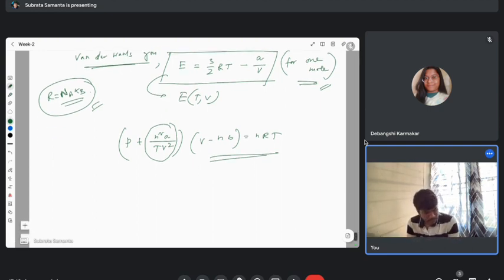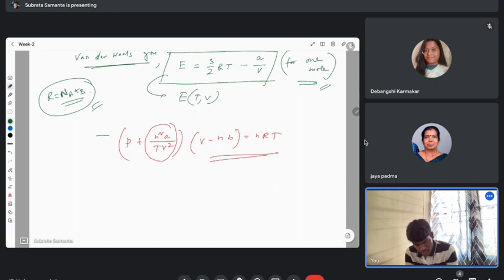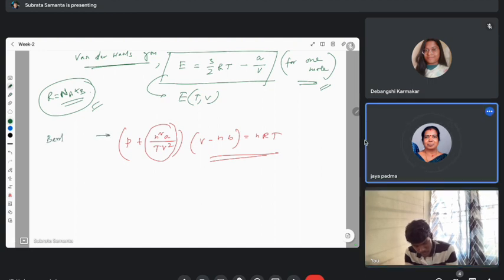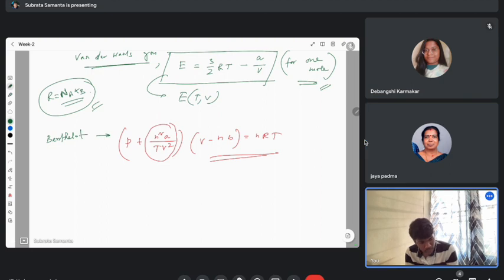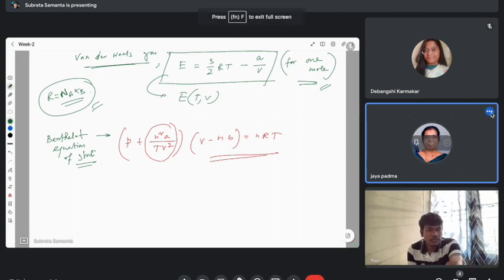So this is the particular equation of state, the Berthelot equation of state. So are there any questions?